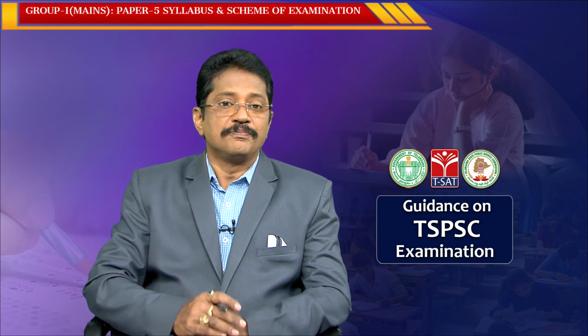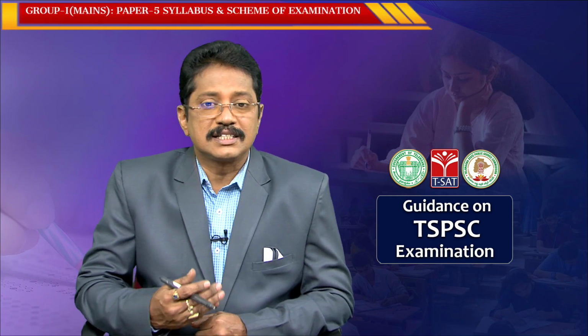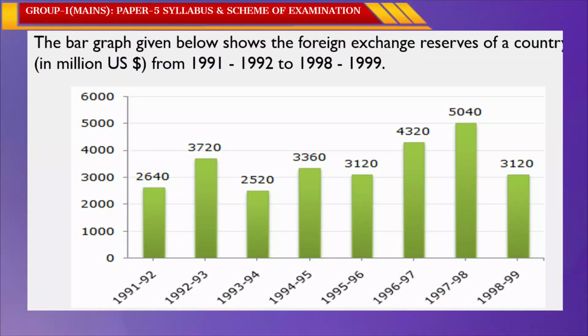Okay. Now, I am going to start the first area, data analysis. As you know, data analysis may be a bar graph, a pie diagram, a line graph, or a frequency curve. So, now I will start with the bar graph.